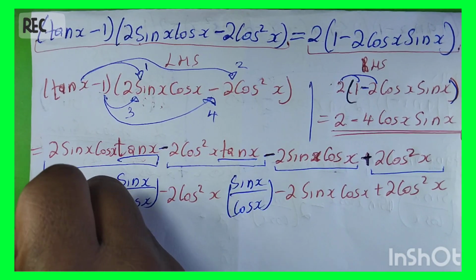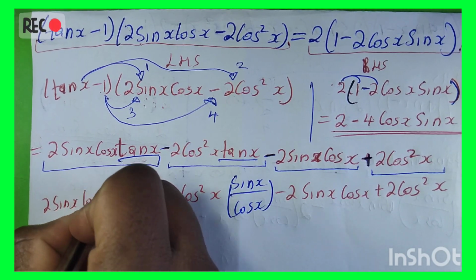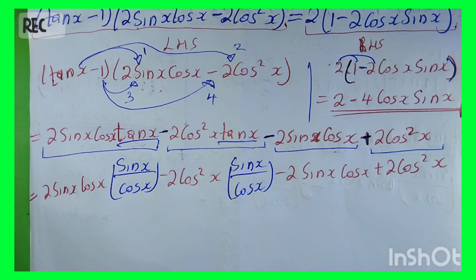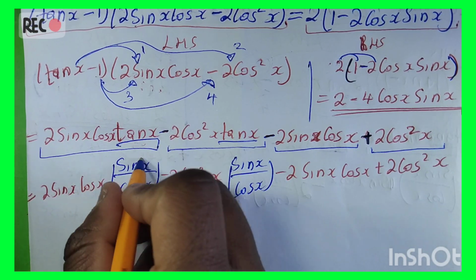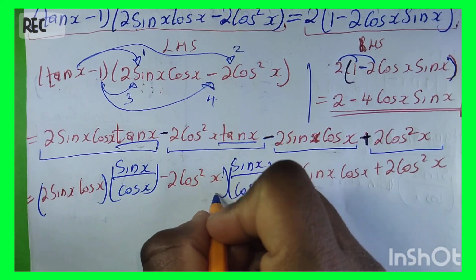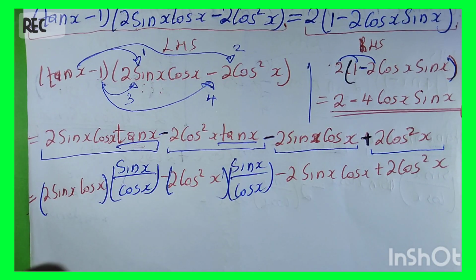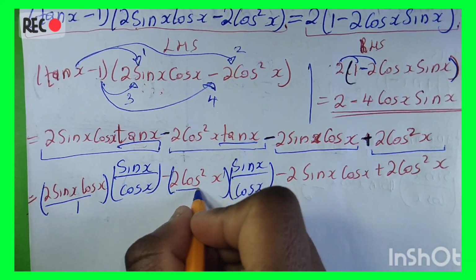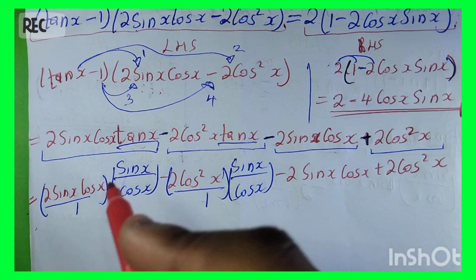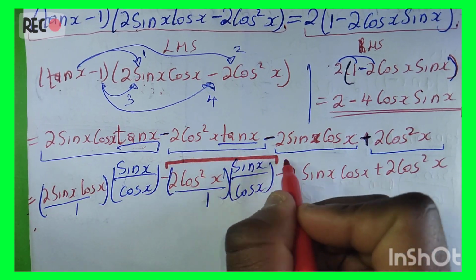Then that's 2 sin x over cos x. Yeah. So don't forget this one has its own brackets, and this one as well. I'll put an invisible 1 here, and don't forget to put here that I'm simplifying this term like this.